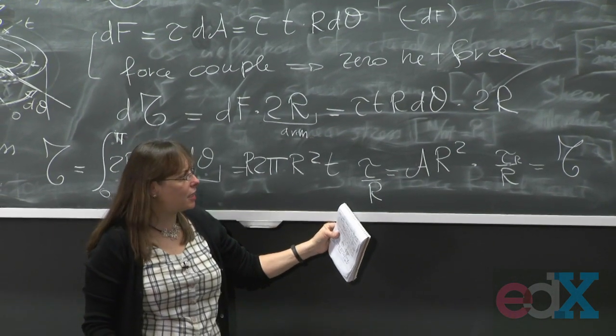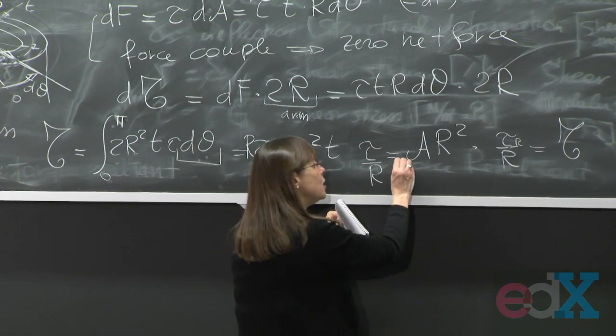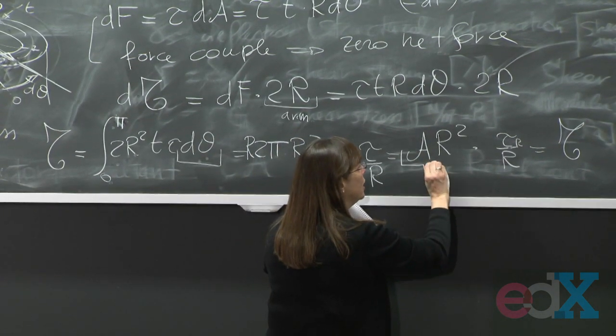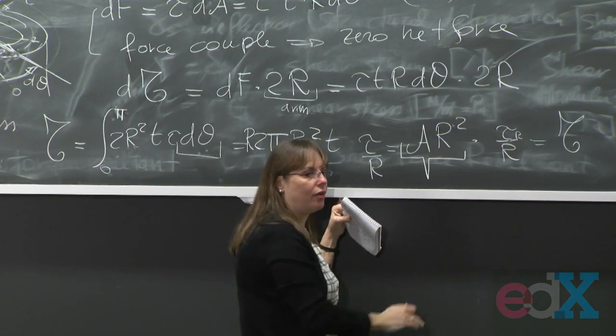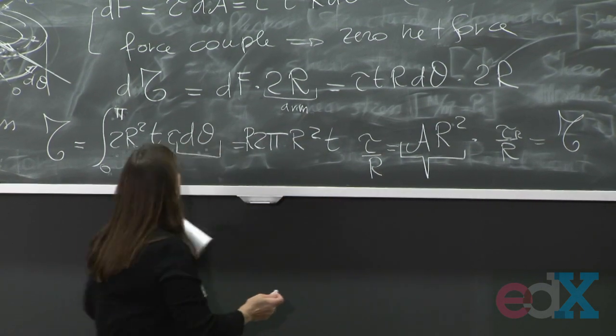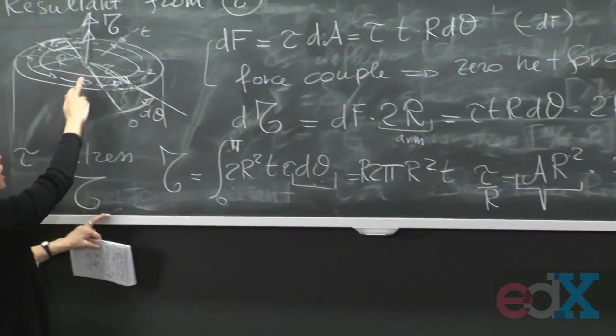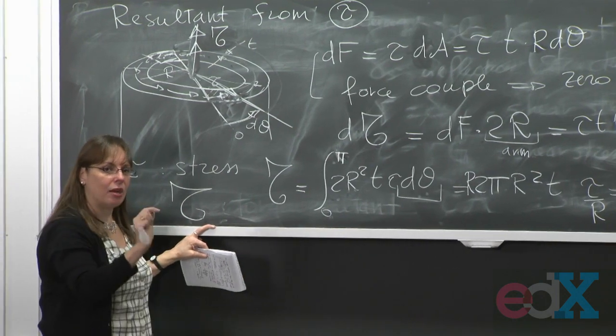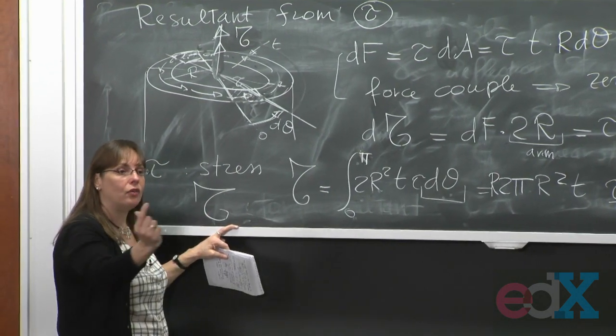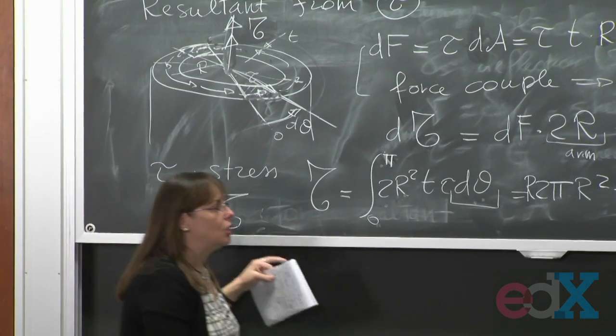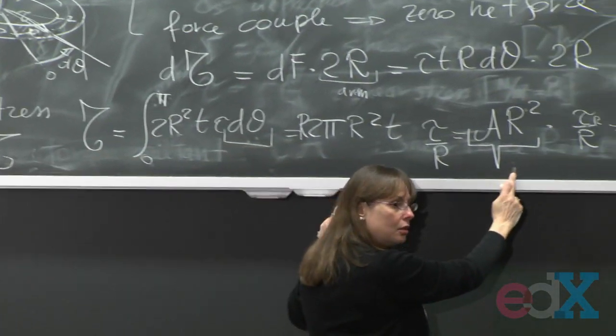Why do I split it this way? I split it this way because this thing, the area times the square of the radius, where the distance is with respect to the center of the shaft. If I take an area and multiply by the square of the distance from the axis, do you remember what this is called?